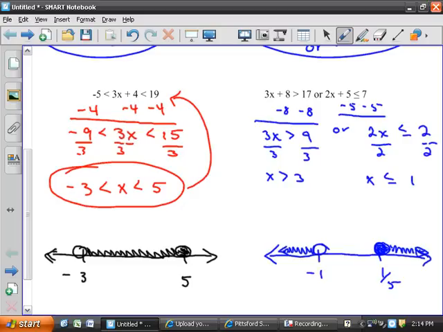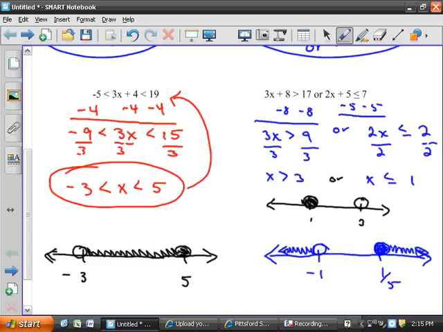So when I go ahead and graph this or compound inequality on a number line, I want to have 1 as a boundary. I want to have 3 as a boundary. There's an open hole on 3 and a closed hole on 1. The closed hole on 1 is because it's a greater than or equal to. And the open hole on 3 is because there is no or equal to. It's just strictly greater than 3.